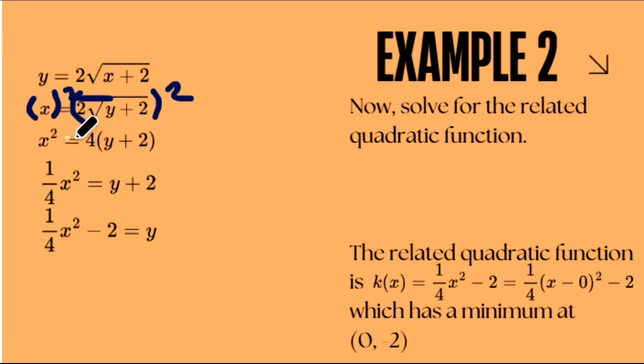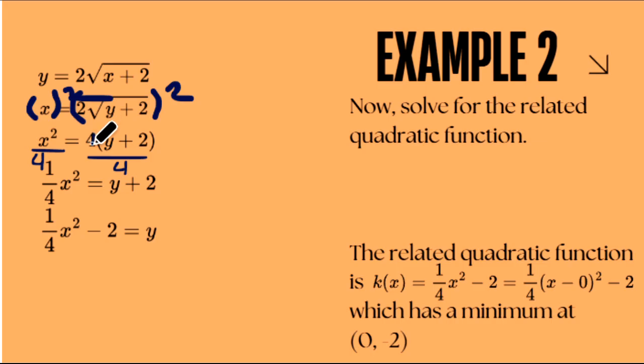Okay, now we need to get rid of this 4, so we divide both sides by 4. Now this is another place they like to trick you up. It's not x squared over 4. It's 1/4 times x squared. They do that every time. They get the fraction, again, in parentheses, and leave the x squared.